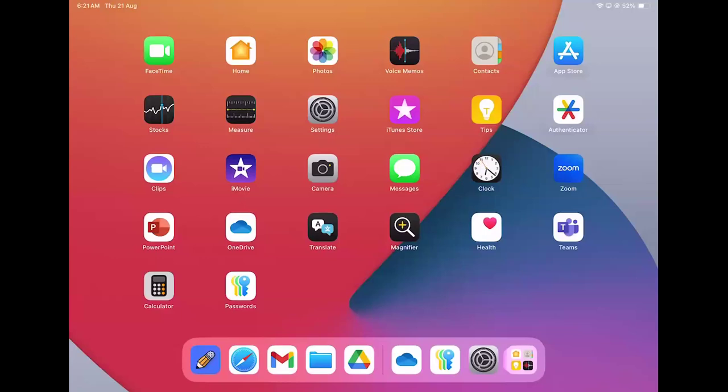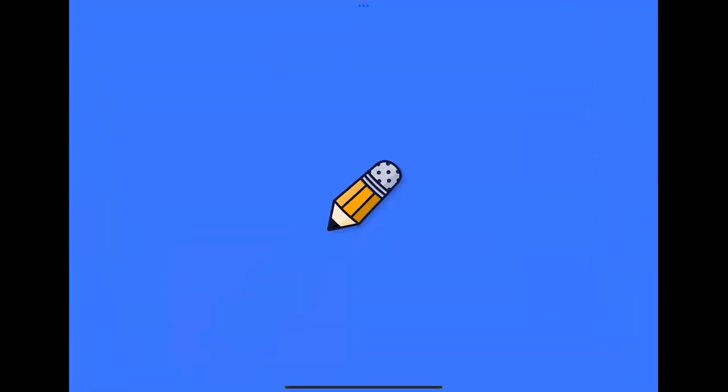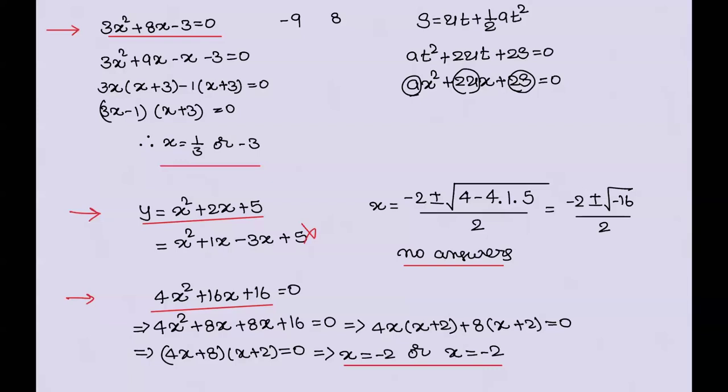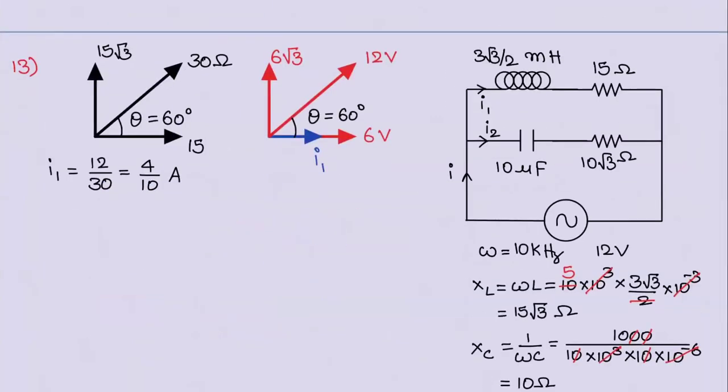So this entire upper part of the circuit is acting like a device where current and voltage are out of phase by 60 degrees, the current lags behind by 60 degrees, and the value is 4 by 10 ampere.